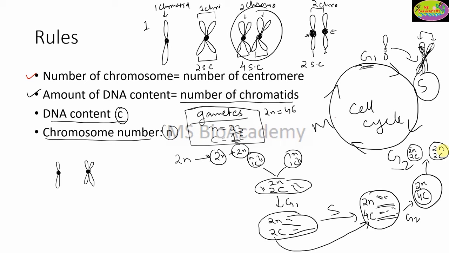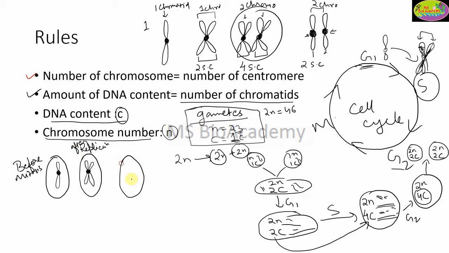Now let's discuss in more detail the chromatids and the chromosome number here. Before replication, or before mitosis, this is the condition. Now this is the condition when the replication has occurred, after replication.